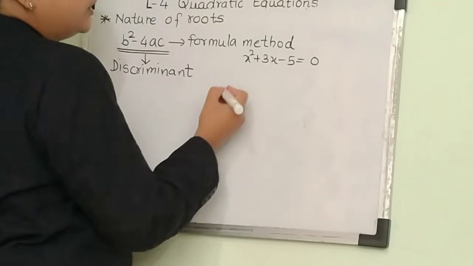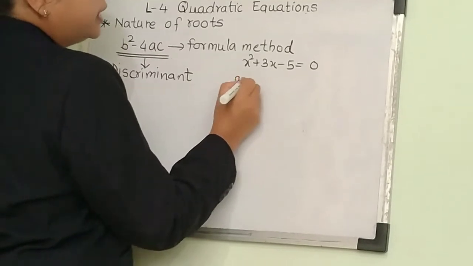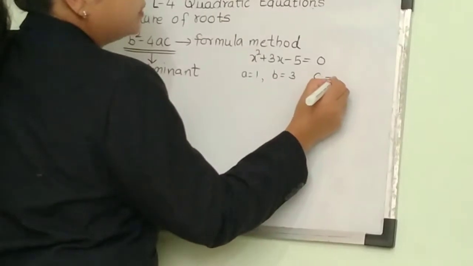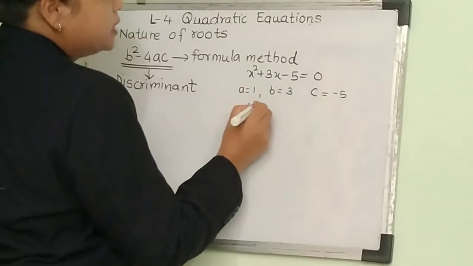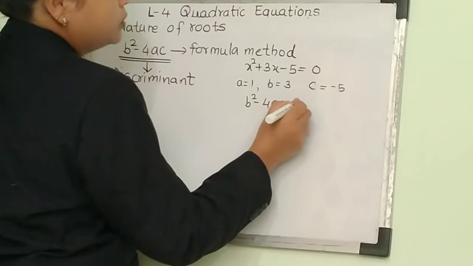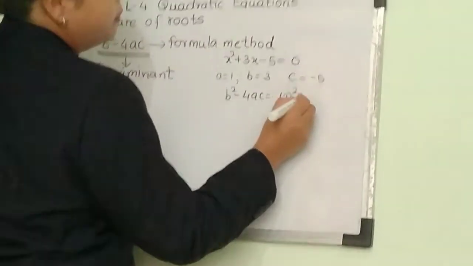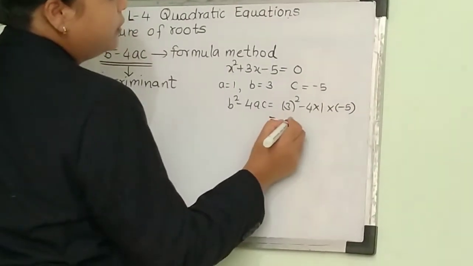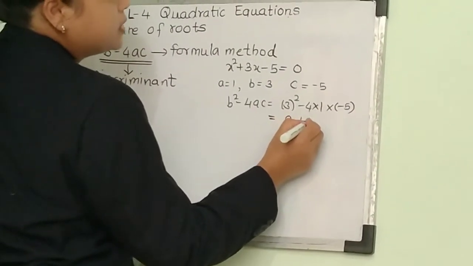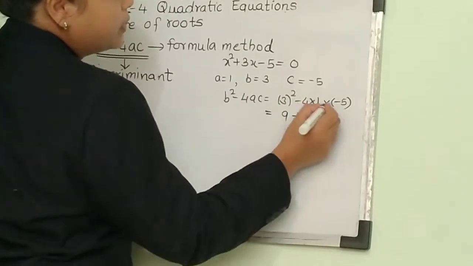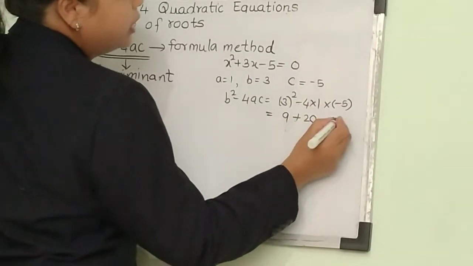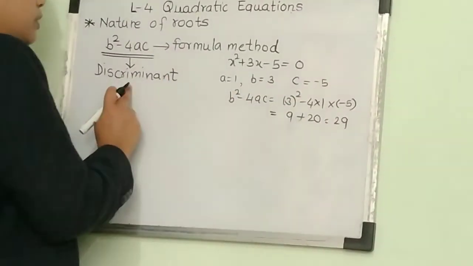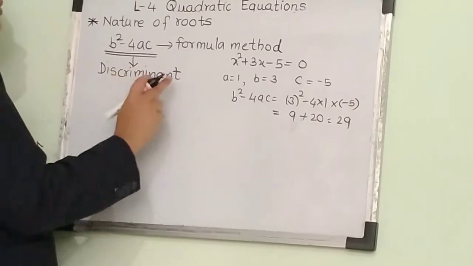To find the value of discriminant, we take a equals 1, b equals 3 and c equals minus 5. So b square minus 4ac equals 3 square minus 4 into 1 into minus 5. So we get 9 plus 4 5s are 20, because minus minus becomes plus. So b square minus 4ac is equal to 29. So the value of discriminant is 29.